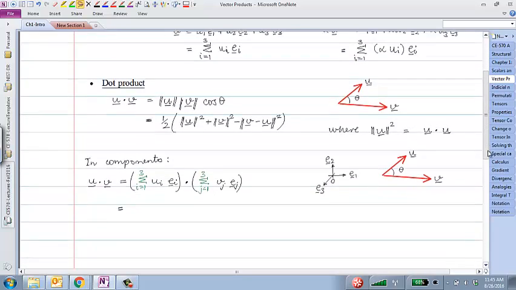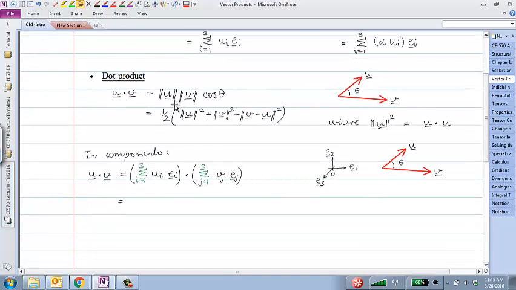Okay, so the dot product of two vectors, again, without any coordinate system, is defined as the magnitude of u, times the magnitude of v, times the cosine of the angle between them, right? Magnitude of u, v, and the theta between them, these are all physical quantities. No need to use a coordinate system to describe them.